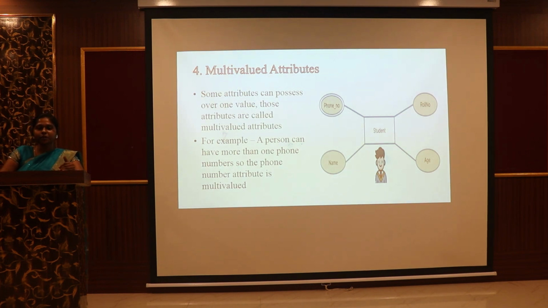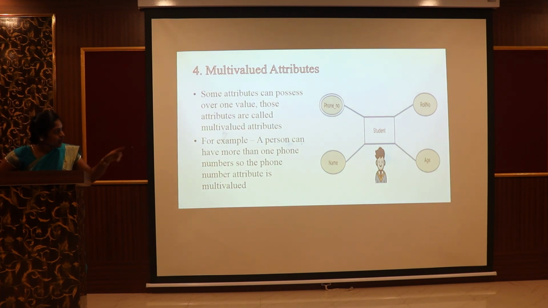So that comes under multi-value attributes. A person who has more than one phone number, so the phone number attribute is a multi-value attribute. Multi-value attributes are always denoted in a double oval or double ellipse shape.